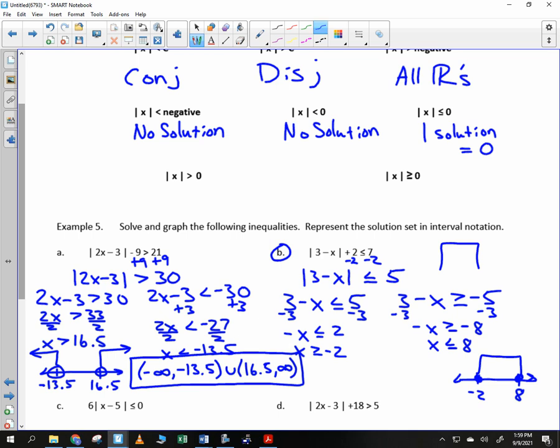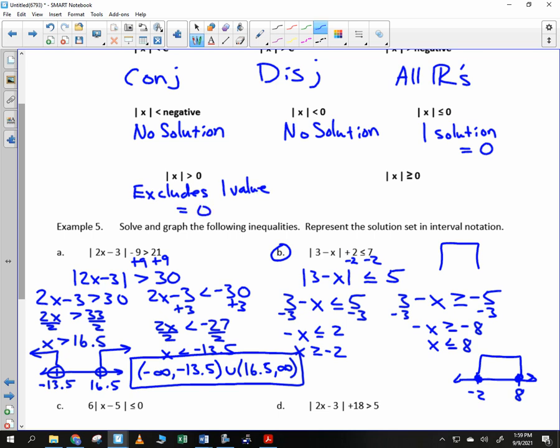Is an absolute value always greater than 0? Just that one spot where it's equal to 0, right? So this excludes one value, wherever it's equal to 0.